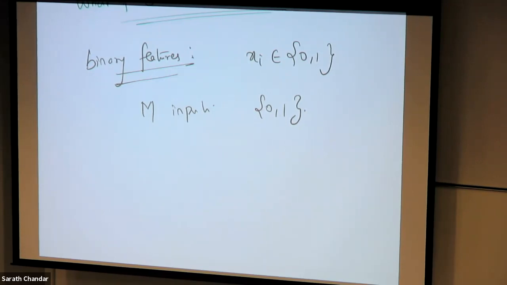I have m binary features, and I want to construct the probability distribution table. So how many configurations are there? There are 2 power m numbers for each class, actually. And how many variables should I estimate to fill this table?